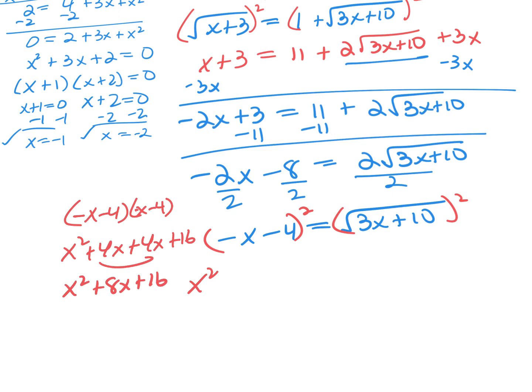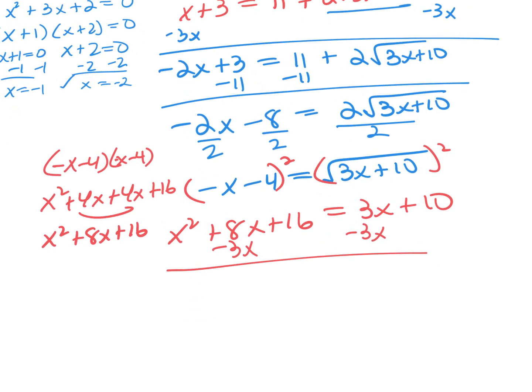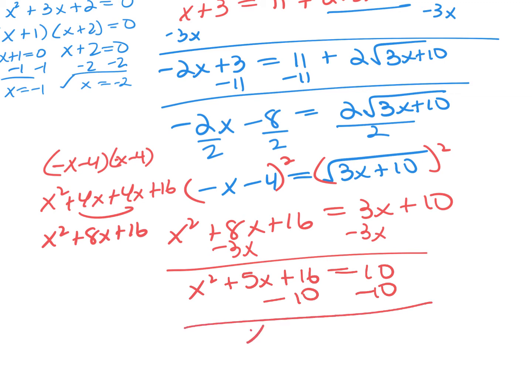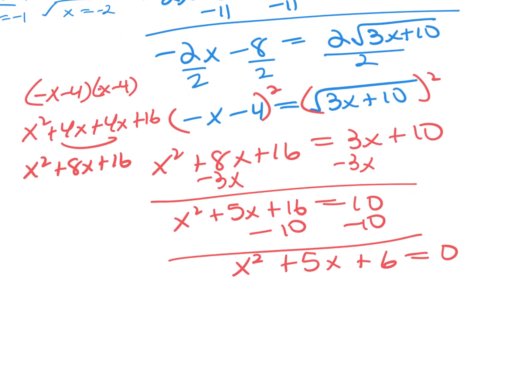So then now, let me write that here. This is now freed up. I now need to move my like terms together. X squared plus 5x plus 16 equals 10. Move the 10. X squared plus 5x plus 6 equals 0.